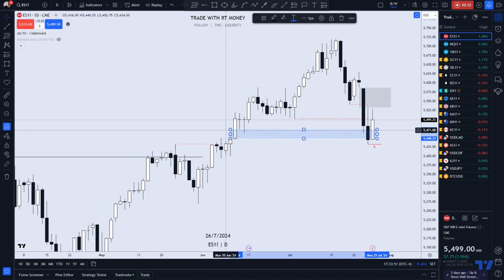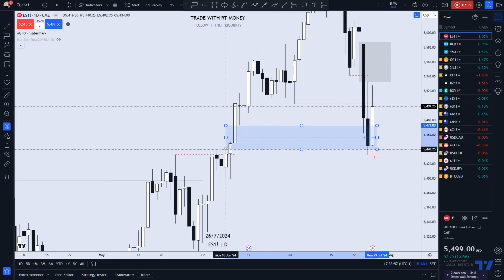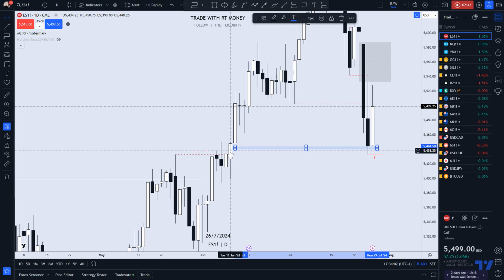The daily fair value gap was traded through, as you can see, and you can see also that we have a very thin fair value gap on the daily right here where price is respecting it. And to the tune of Friday, we had a bullish candle form there.